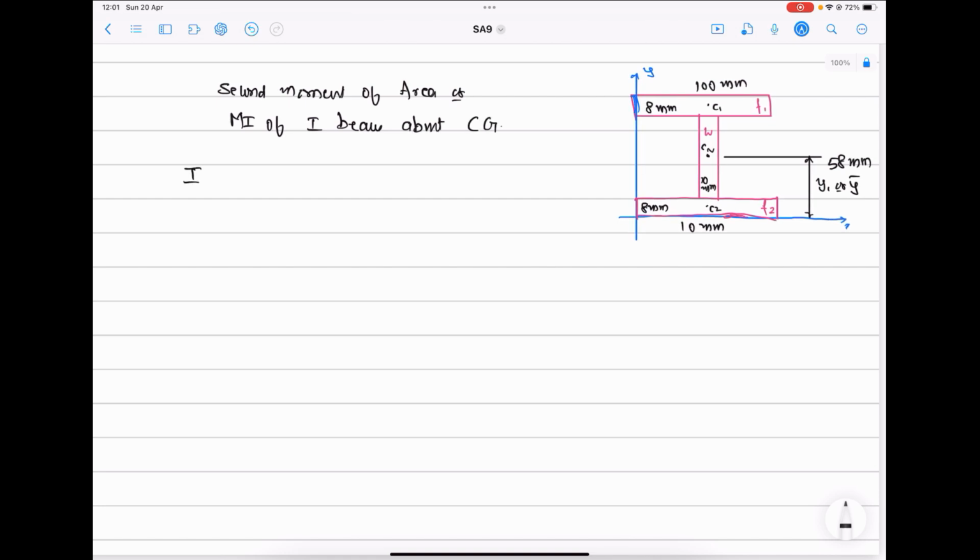That is, ICG is equal to IXX1 plus A1 into D1 square, which I have explained in the previous class, plus IXX2 plus A2 D2 square, plus IXX web plus A web into D web square.